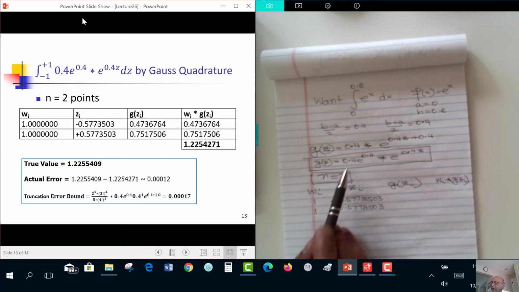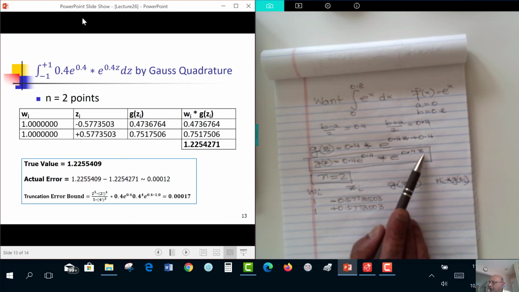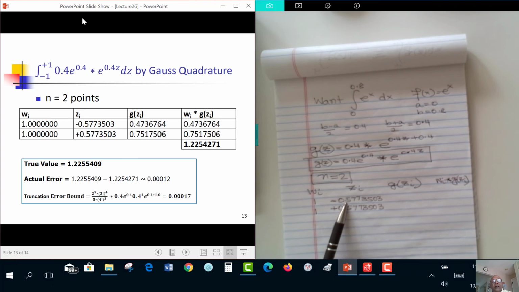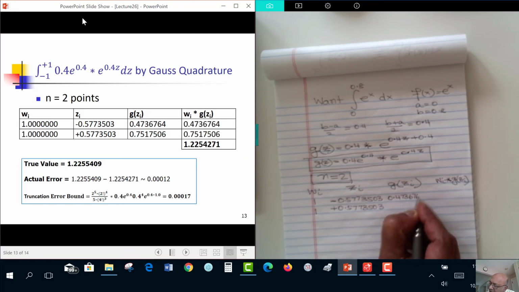Okay, now you type in 0.4 e to the 0.4 times e to the 0.4 times z and calculate it in your calculator. I hope you get 0.4736764.